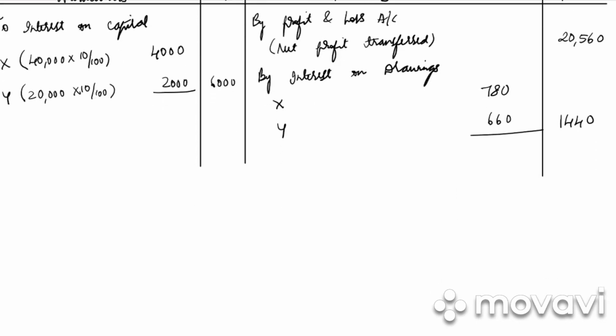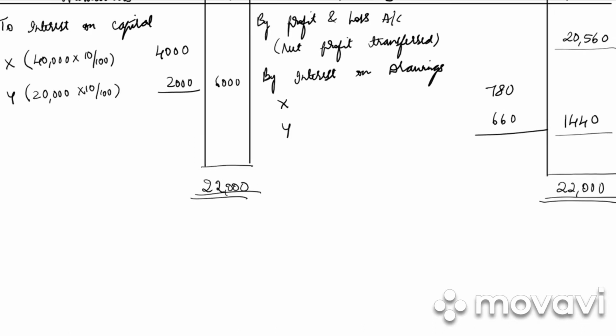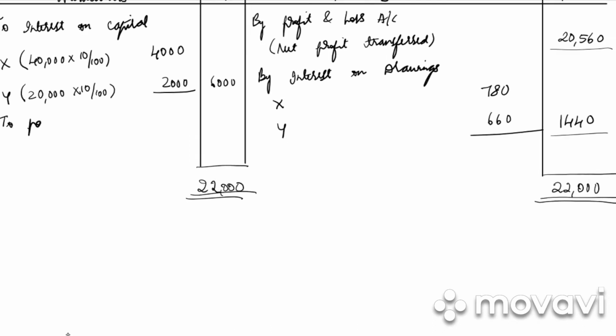Last, we will total our credit side. What's the total? 20,560 plus 1,440. It is 22,000. The balancing figure will be transferred to the partners' capital account. What is the balancing figure? 22,000 minus 6,000, that is 16,000.